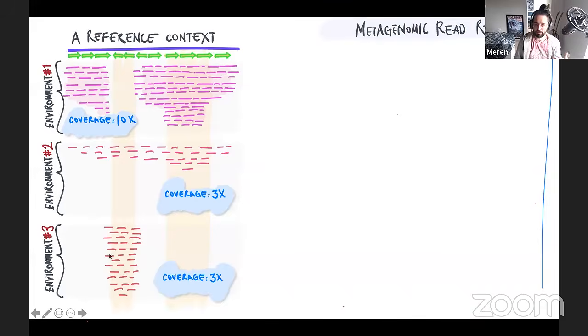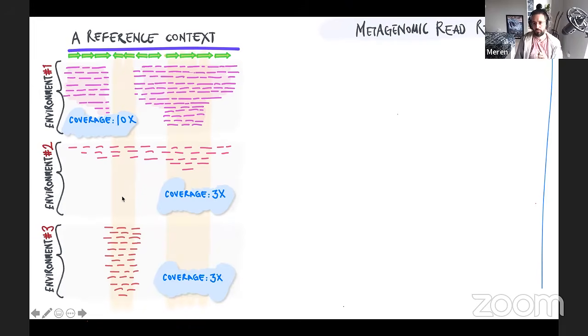And if you're not careful about how the read recruitment looks, then you are going to mistake that your genome is equally abundant in environment 2 and environment 3, when in reality we are seeing two very different ecological phenomena taking place.